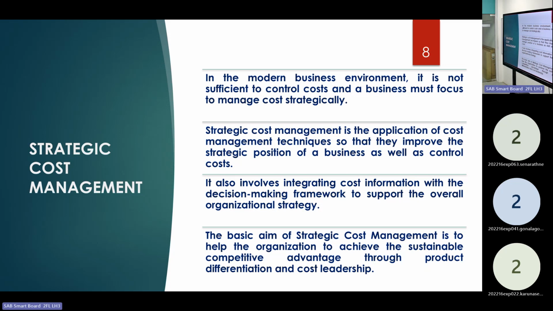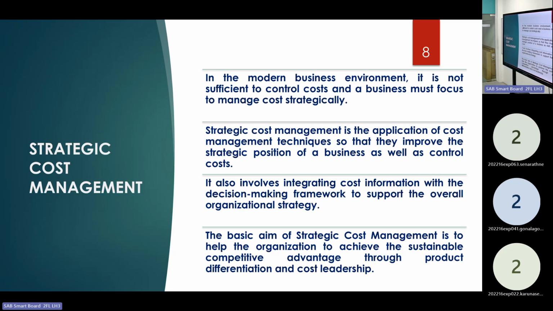So when it comes to strategic cost management, it focuses on that. Strategic cost management is the application of cost management techniques that improve the strategic position of the business as well as control the cost, right? While controlling the cost, improve the strategic positioning of the business.